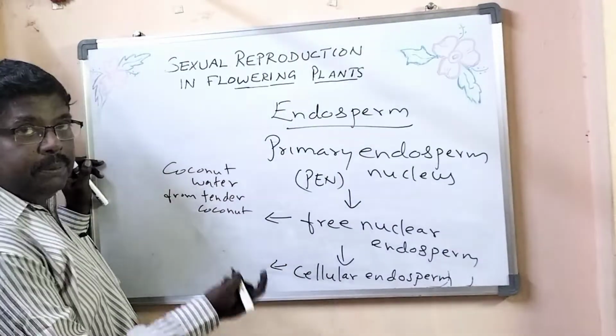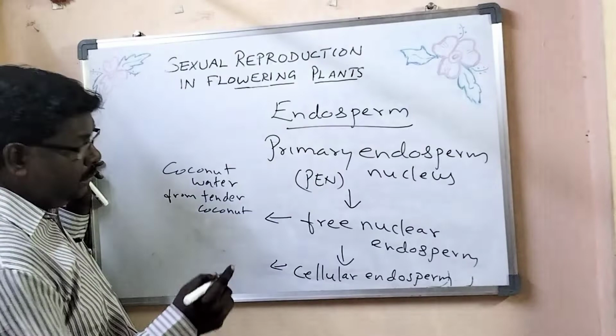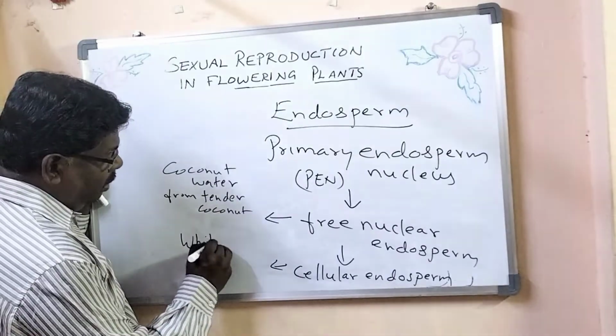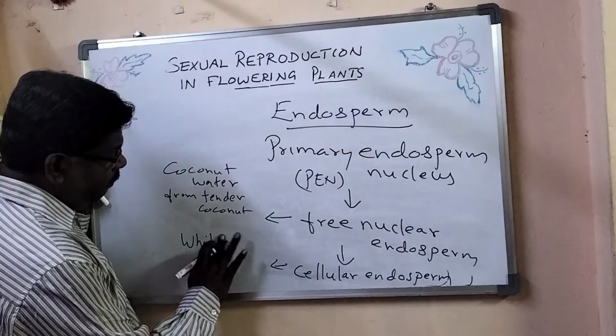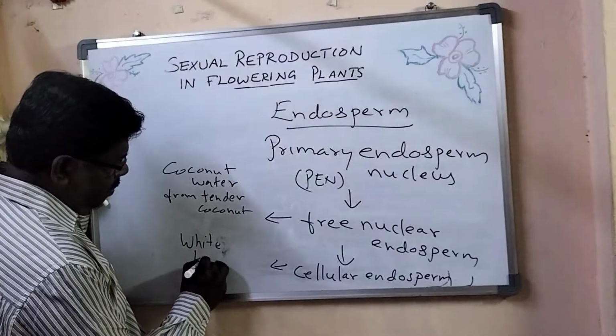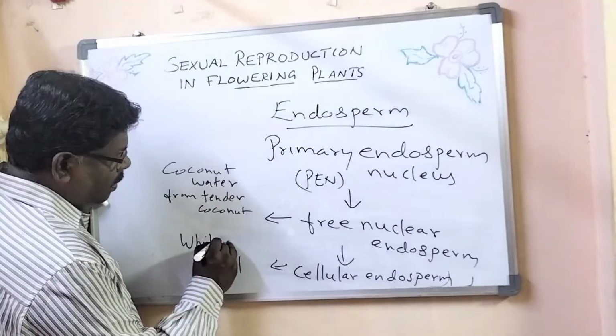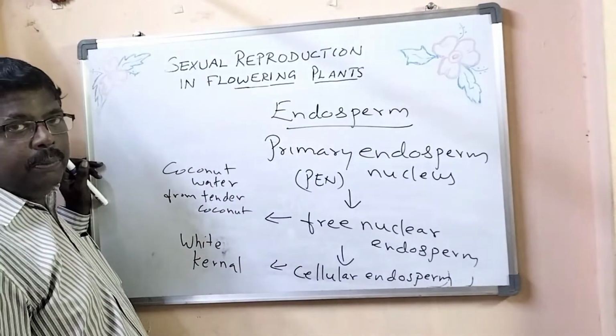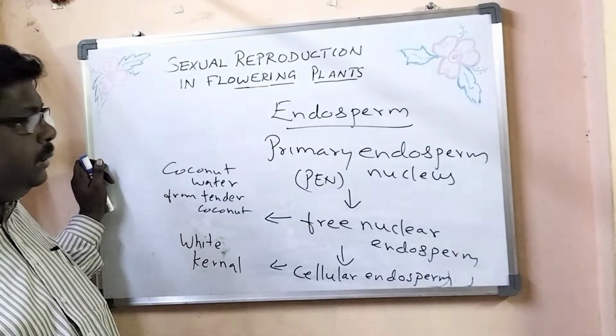And for cellular endosperm, the same coconut has that white kernel. That white kernel is called the cellular endosperm. Right? These are all the examples.